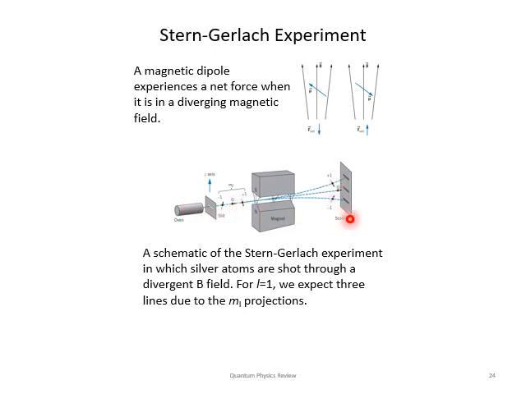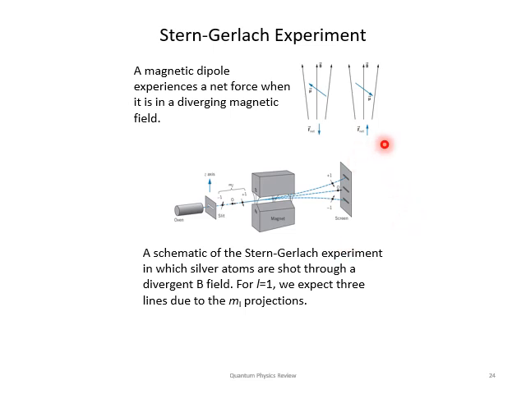With suitable slits, in the absence of any magnetic field, we would just see those atoms travel straight through, and we get an image of the slit on the other side if we had a point source here.